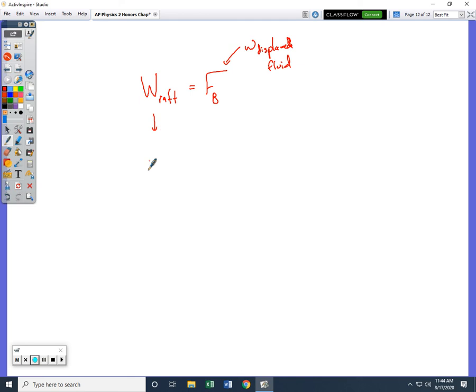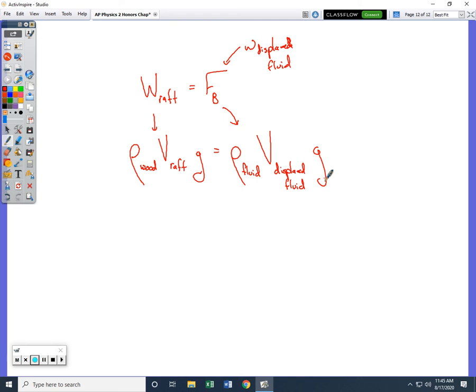What I end up with is this would be the density of the wood, so the density of the raft, times the volume of the raft, times gravity. And then over here, this was the density of our fluid, so this was our water, times the volume of the displaced fluid, times gravity.